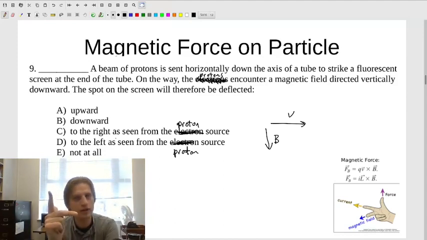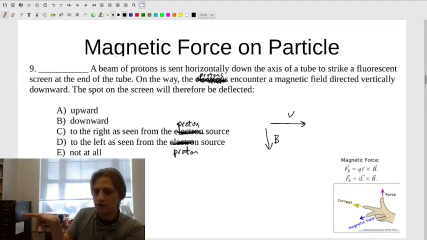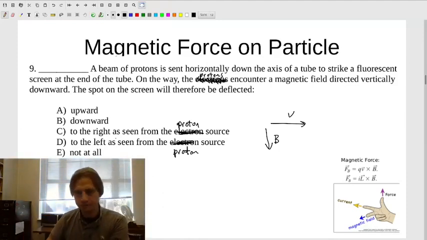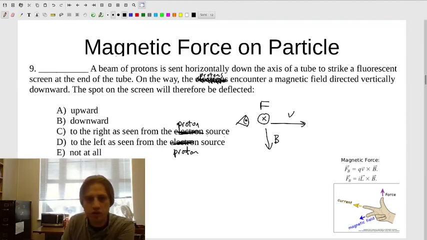So the way I've drawn it in this picture, it would be V cross B gives you F. So in this picture, the F would be into the page. And if you were looking at it like this, there's your proton source. Into the page would then be to the left as seen from the proton source.